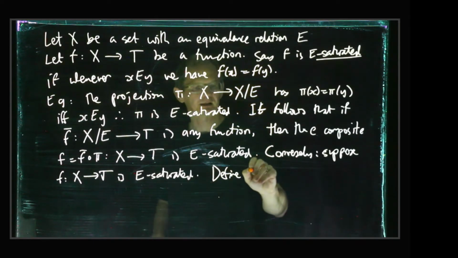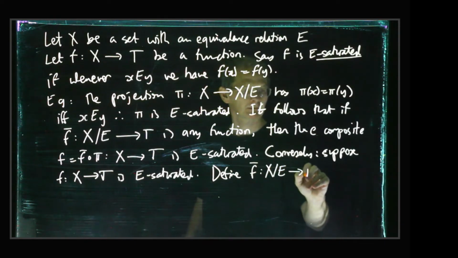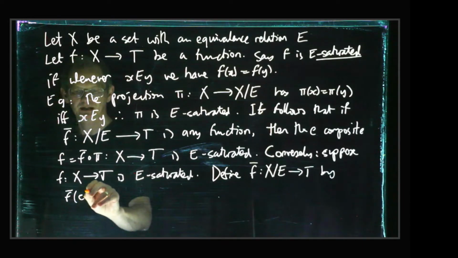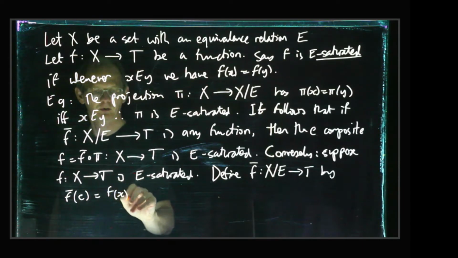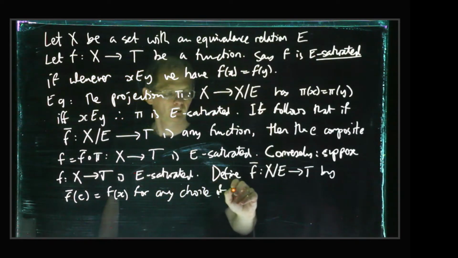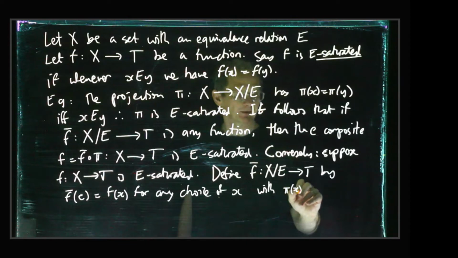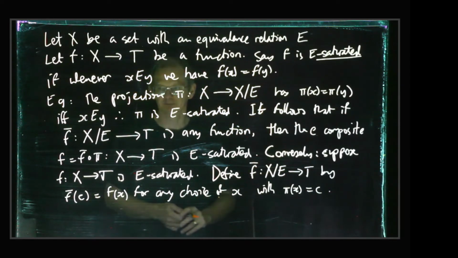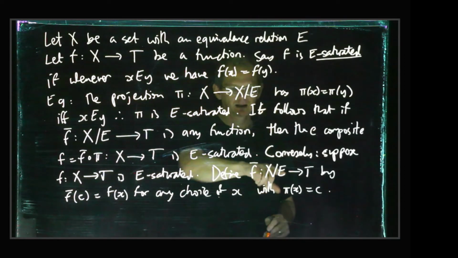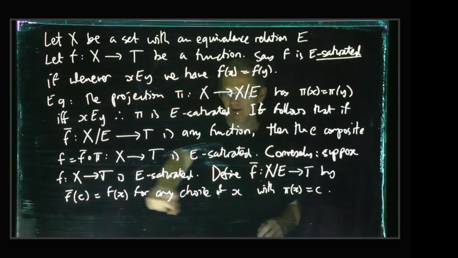So I want to define f bar from X mod E to T by f bar of c is f of x for any choice of x, if pi x equals c. Okay, so this c is supposed to be a point in X mod E, and we know that pi from X to X mod E is surjective, so we can always choose an x with pi x equals c, and then we're looking at f of x.